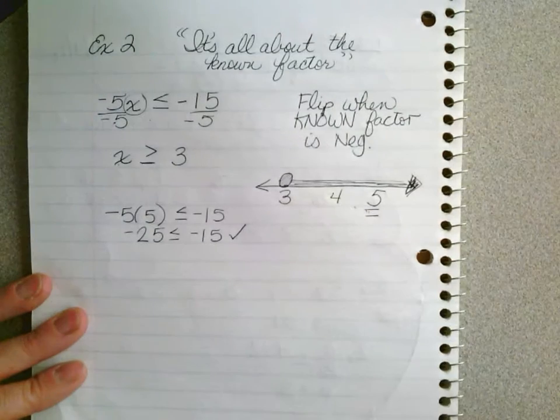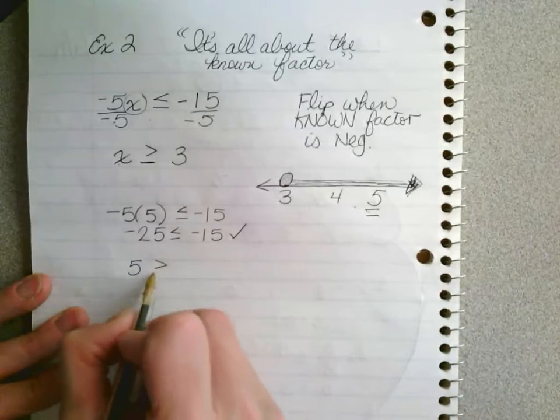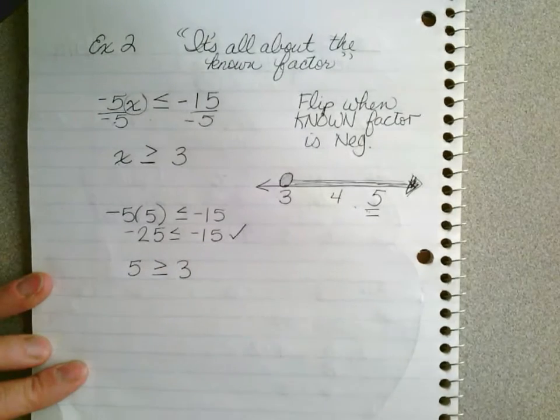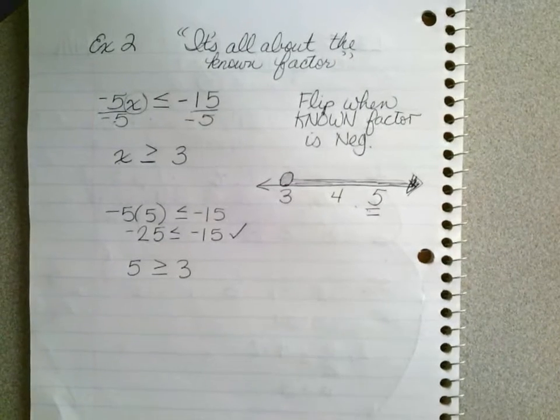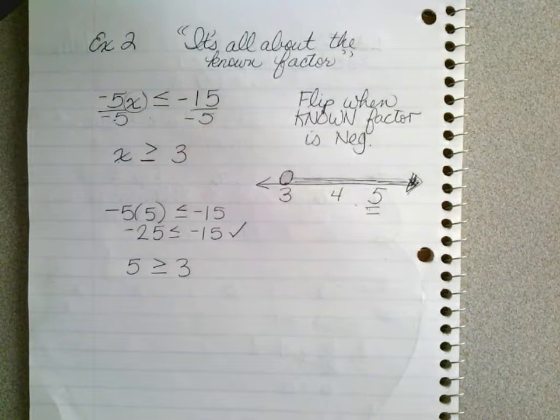Is 5 greater than or equal to 3? Isn't that funny how that works? The reason for it is when you divide by or multiply by a negative number, the answer's sign is opposite. It flips. That is why the whole number line business makes sense.